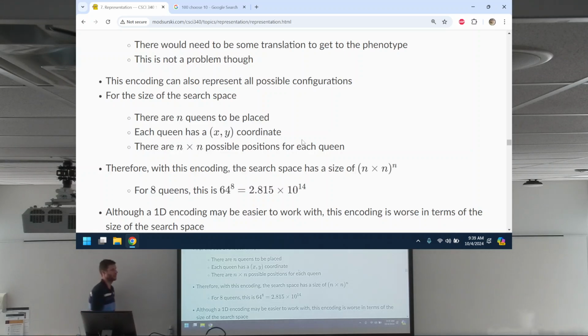So in this particular case, for 8 queens, we actually have 64 to the power of 8, which is a lot worse, actually. So we actually took a step in the wrong direction. Can you think of why this encoding is worse? What's the intuition as to why this encoding actually gives us more possible configurations?